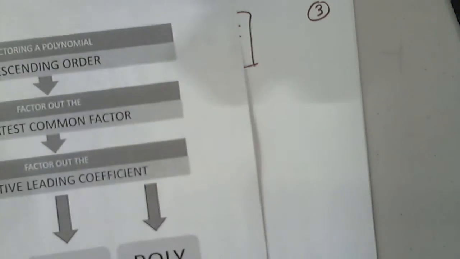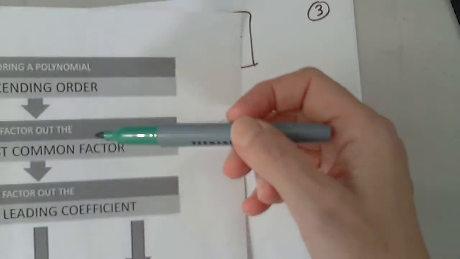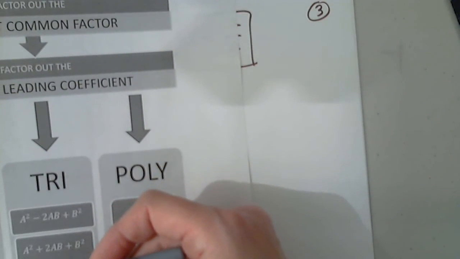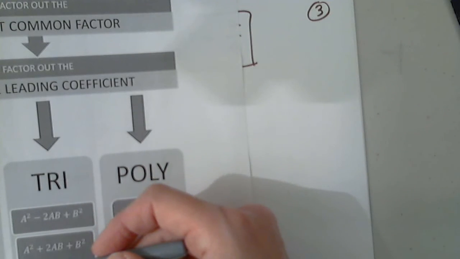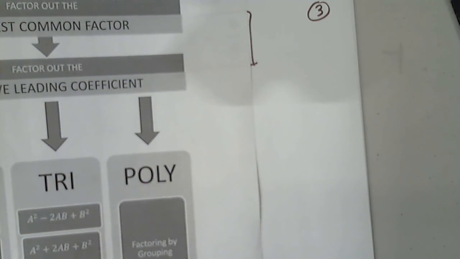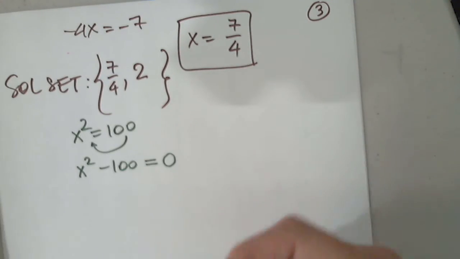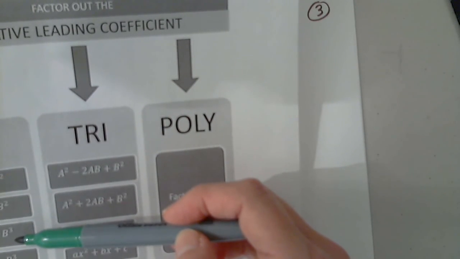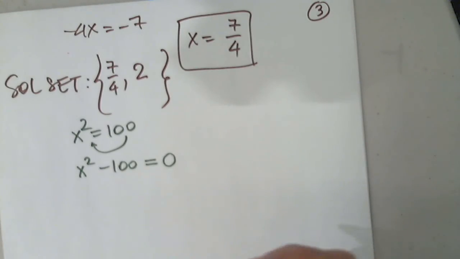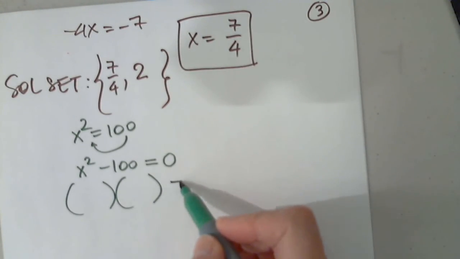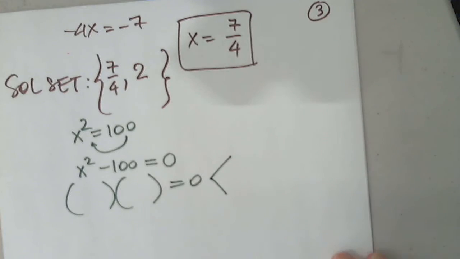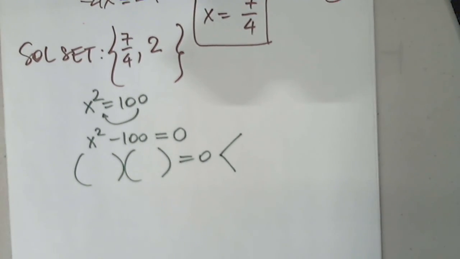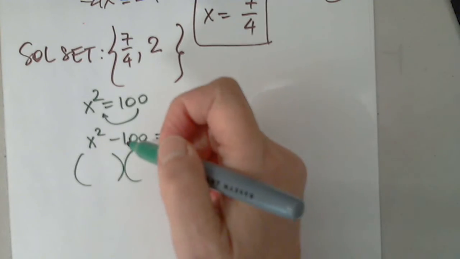And now I go through my strategy. Descending order, yes. Greatest common factor, no. Negative leading coefficient, no. Binomial, yes. Which of these 4? Well, this is plus and this is plus, but I have minus. So I can only look at the difference of squares or difference of cubes. Obviously, it's the difference of squares. I will factor it immediately and then create the 2 solutions or determine the 2 equations that will give us the 2 solutions. So how do I factor this?